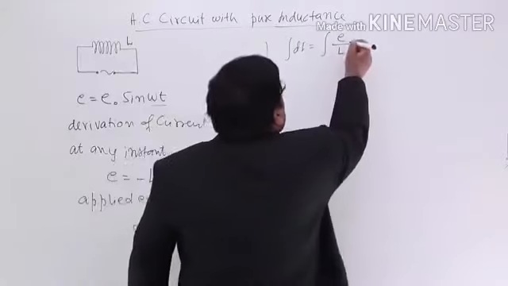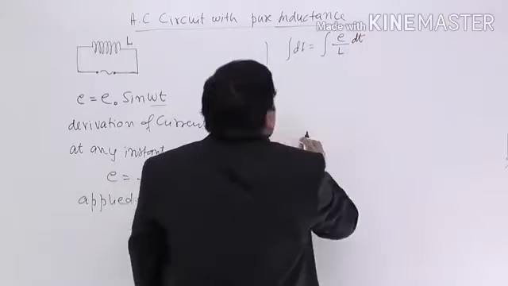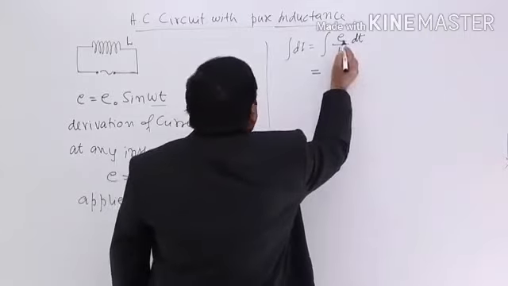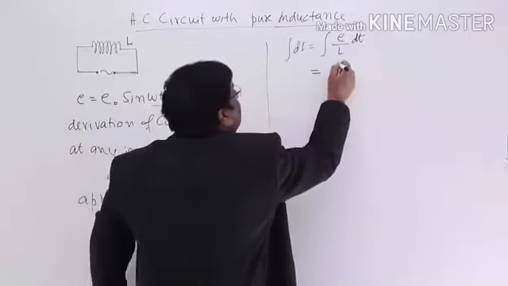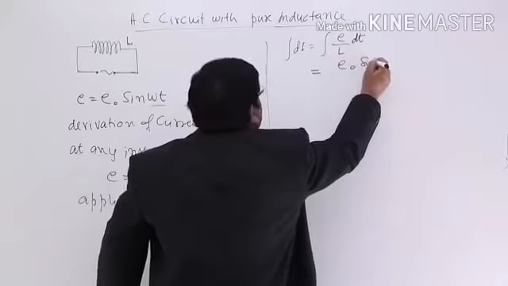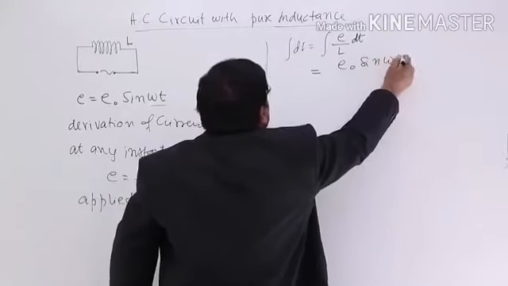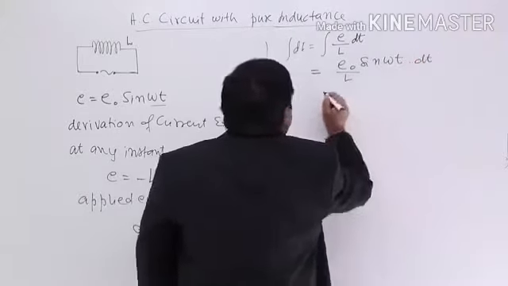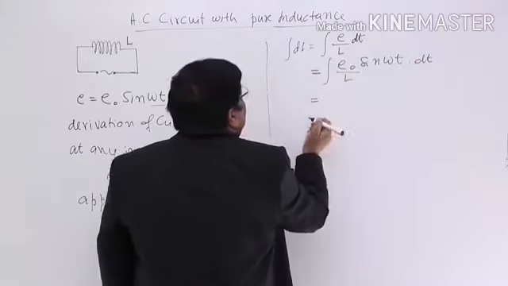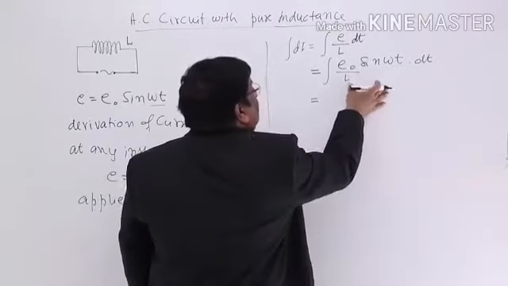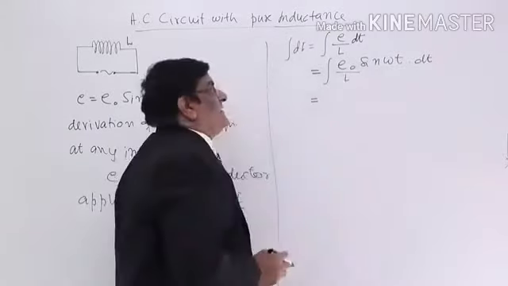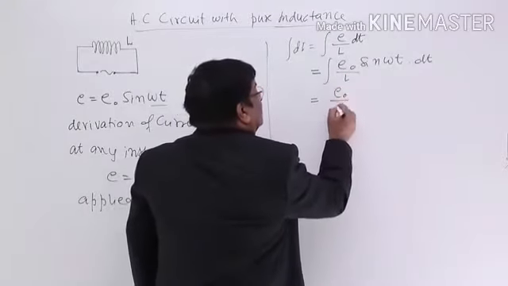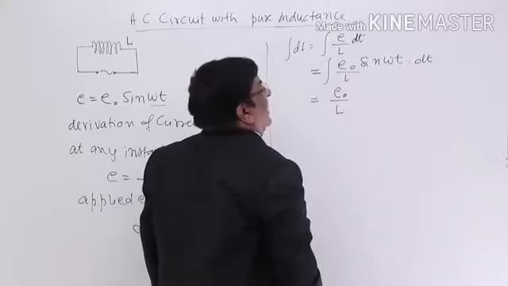We know that E is equal to E naught sin omega t, divided by L, dt, integration. When we do the integration, the quantities which are not changing, E naught and L, come out as they are, and the integration is to be done for sin omega t.